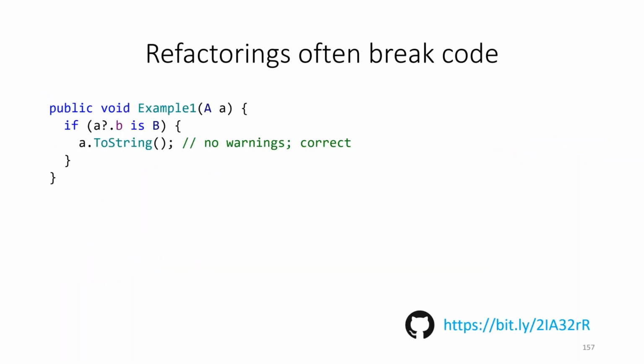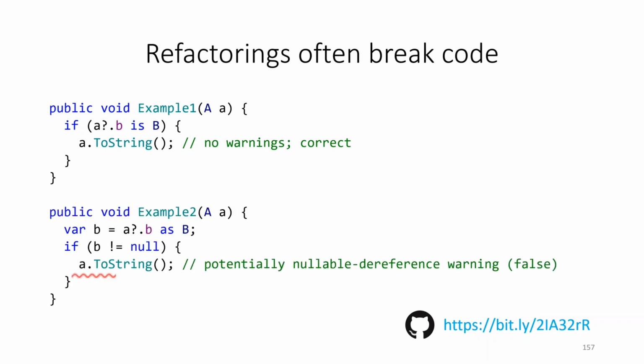And sometimes even refactorings as simple as extracting a variable could break things. For example, here is an example, again from GitHub, where someone used conditional access to use a property named b and type checked it for some type. And the compiler is actually quite smart there. It realizes that either variable a was nullable, and it returned something that didn't pass the type check, and the if statement will not be executed, or it was not nullable, returned something that could theoretically pass the type check, and it's safe to use, so it allows it.